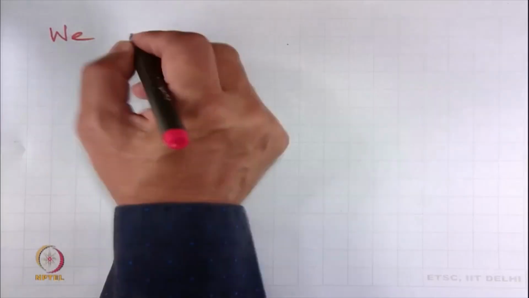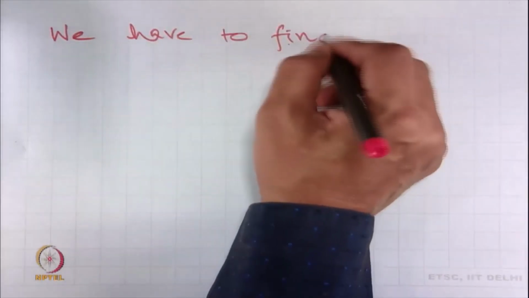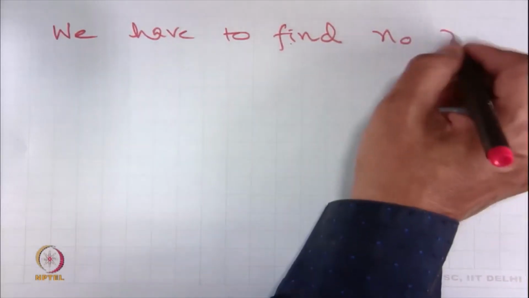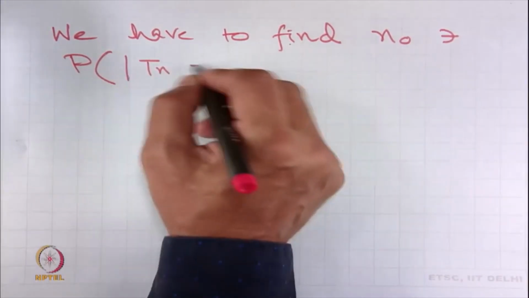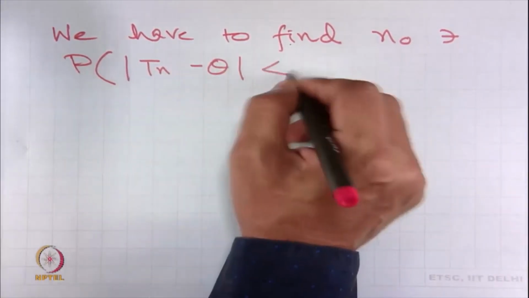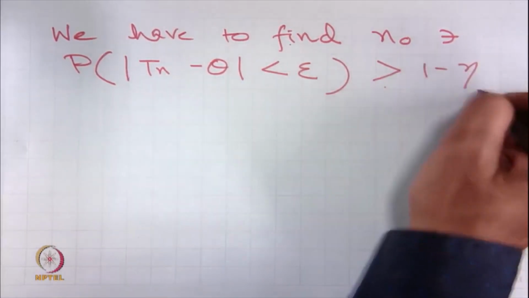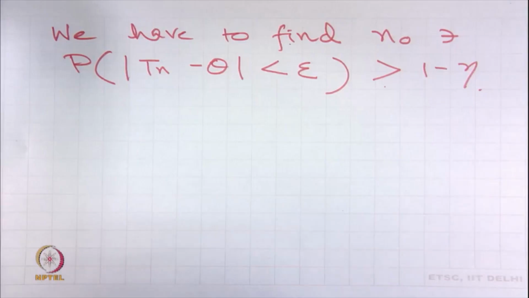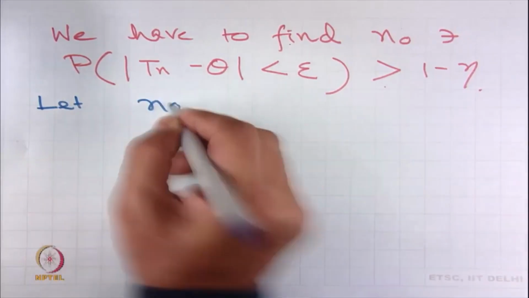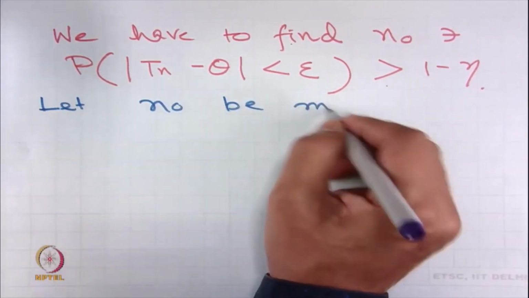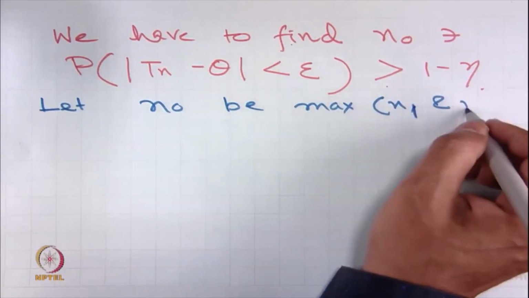We have to find n naught such that probability modulus of T n minus theta less than epsilon is greater than 1 minus eta. This is what we have to find. Let n naught be maximum of n1 and n2.